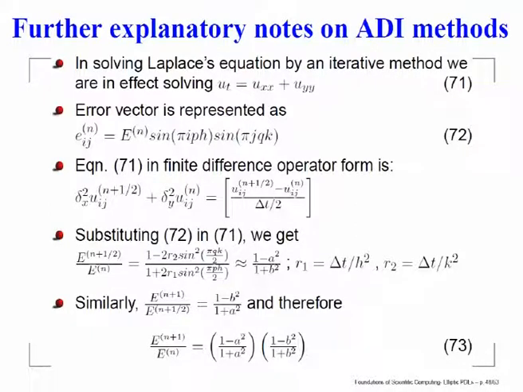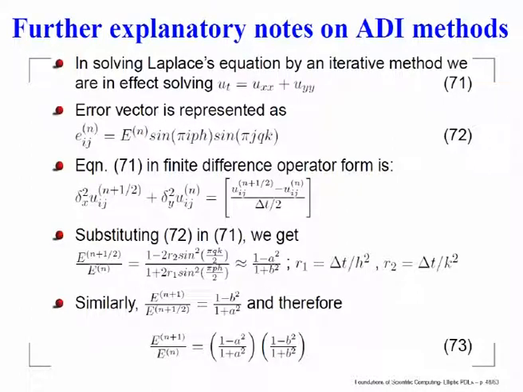If we do that, then the error vector could be written in terms of the eigenfunctions taken from the Fourier modes, sin of i times the x direction node number, j the y direction node number, and the amplitude is given in terms of capital E with a superscript n inside the bracket.